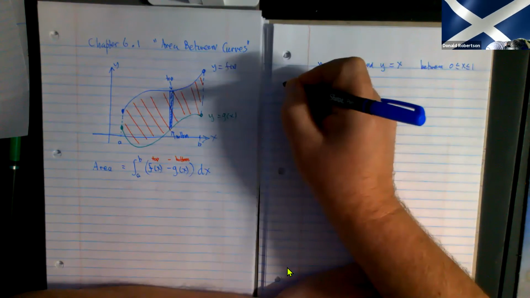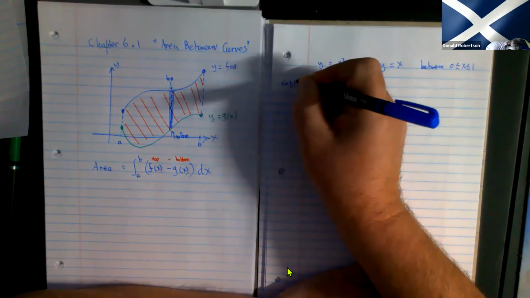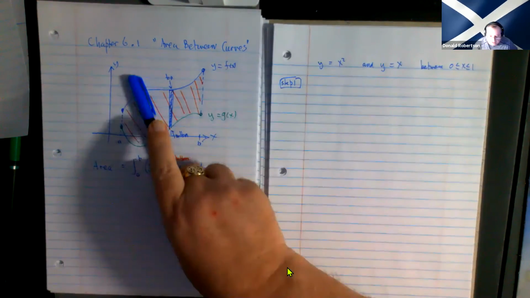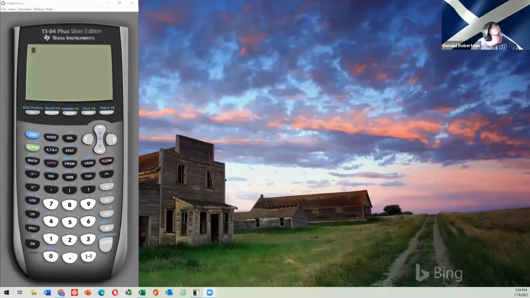What I would do in step 1 is plug these two into my calculator. So let me show you that happening. The reason I would do that is unless I'm really good at knowing what curves look like, or that I can sketch them in my head, without even physically doing them.